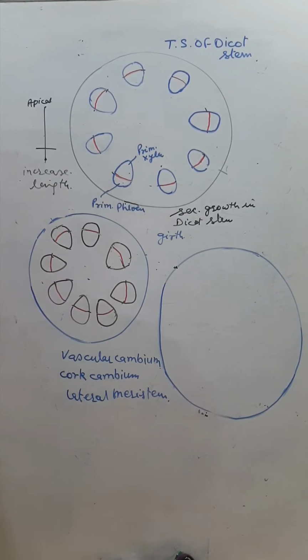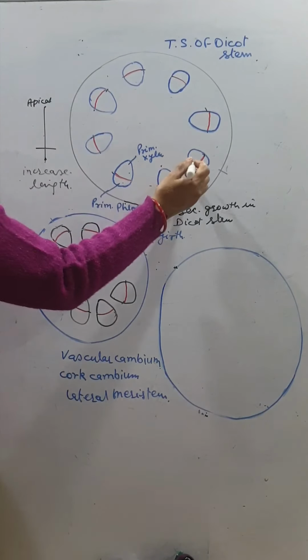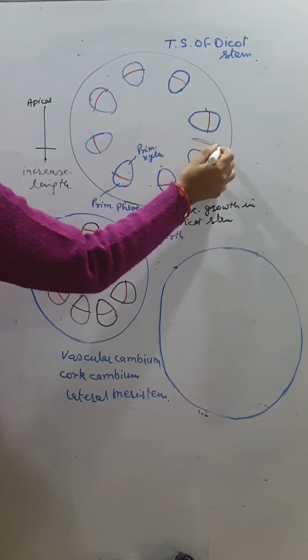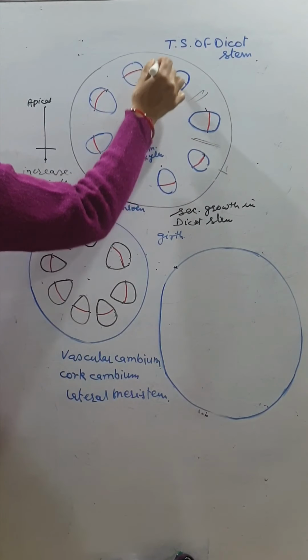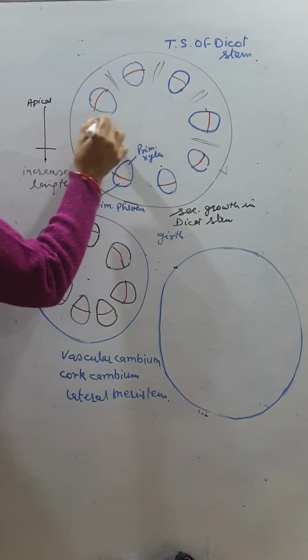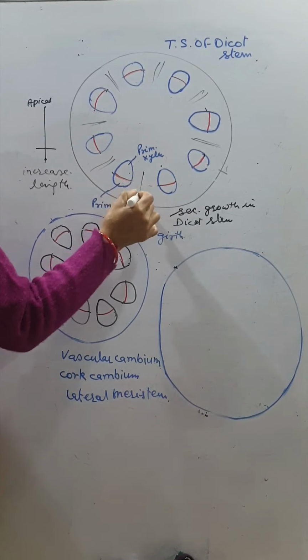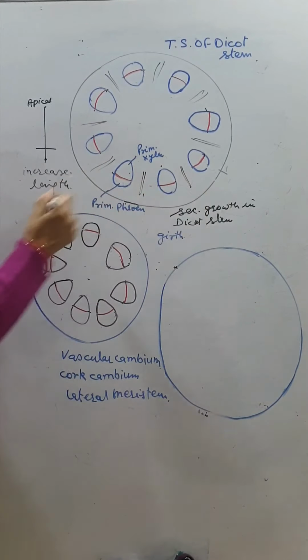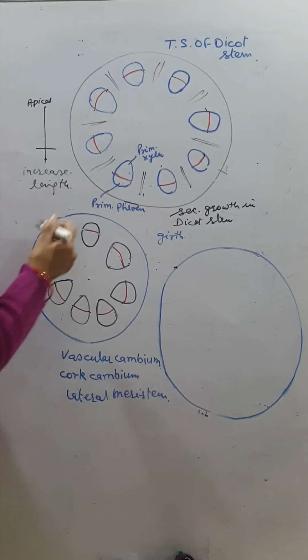The cambium is present. This cambium is meristematic in nature, and here the primary medullary rays are radially arranged. These medullary rays are present already.